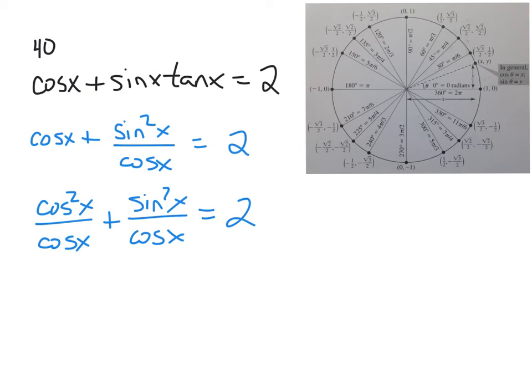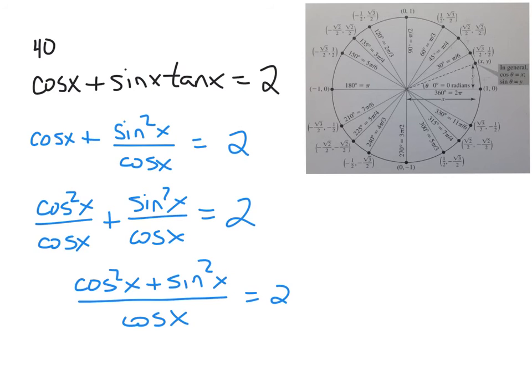Again, maybe you don't see that right off the bat, but you've got to just try some things out until you get more comfortable with it. And the reason I think this is looking really pretty right now is that we've set this up as a Pythagorean identity, so that's going to be 1.